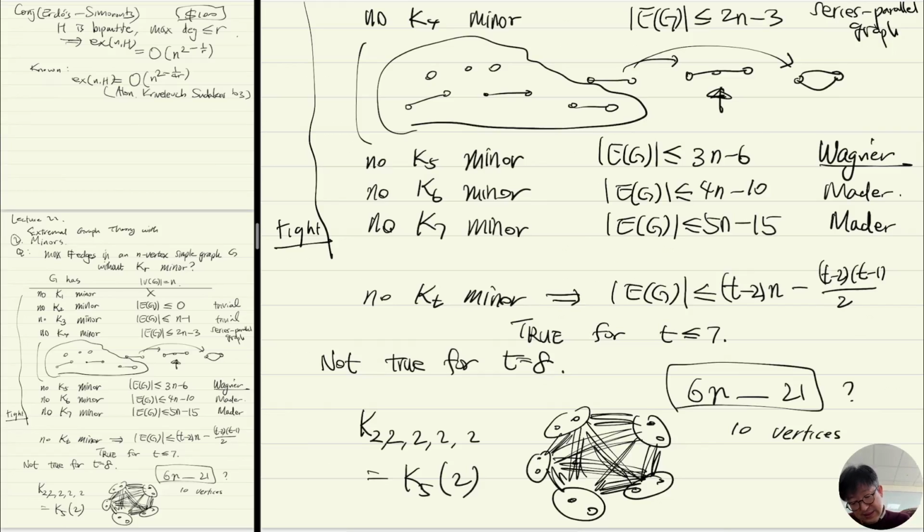And the number of edges is 10 choose 2 minus 5, which is 45 minus 5. So 40 edges.